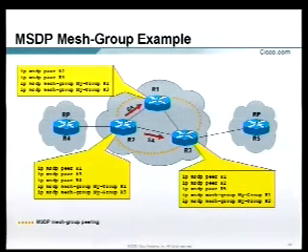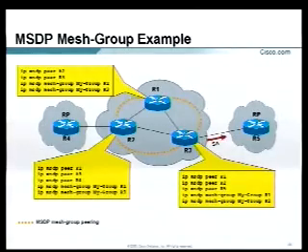It cuts down on the SA flooding. But router 3 will send it off to another MSDP peer outside of the mesh group. And there are some configuration examples that you can easily apply to other vendors, but it just illustrates how that works.